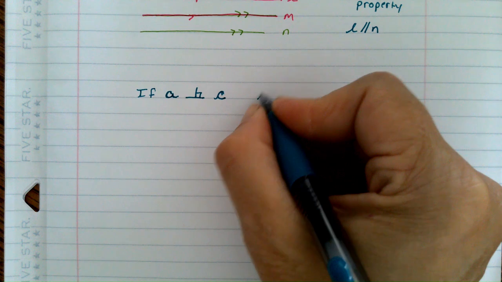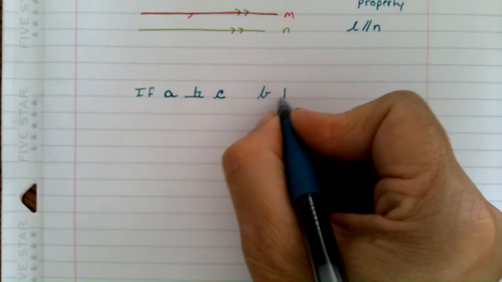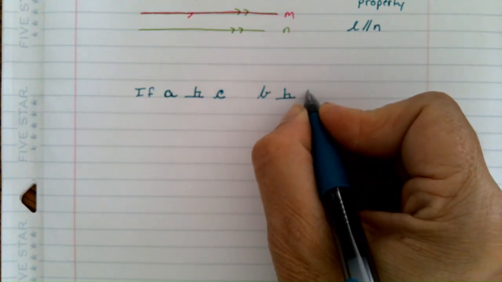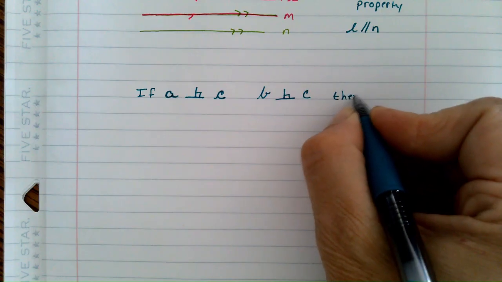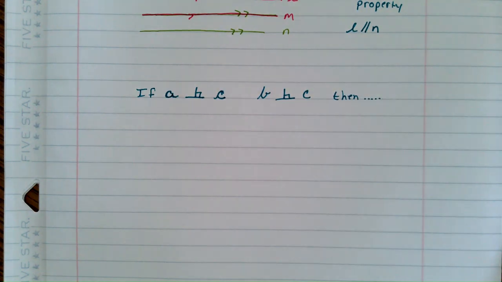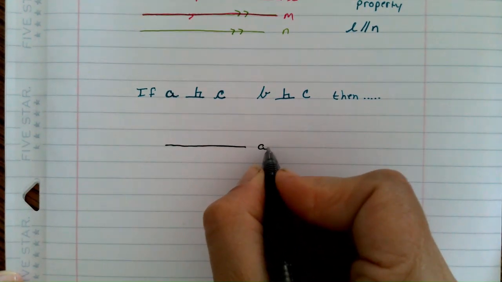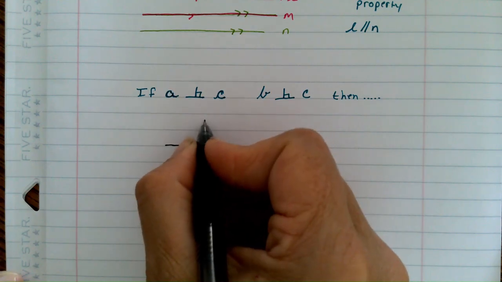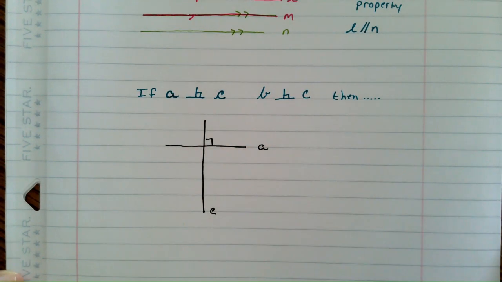And B, that's a cursive B, is perpendicular to C. Then what? Okay. Here's line A. Here's C. It's perpendicular.